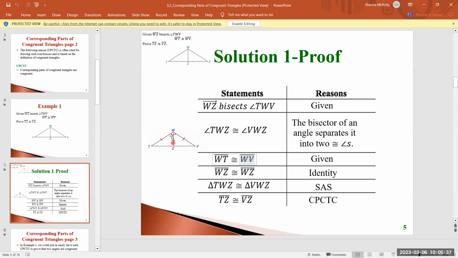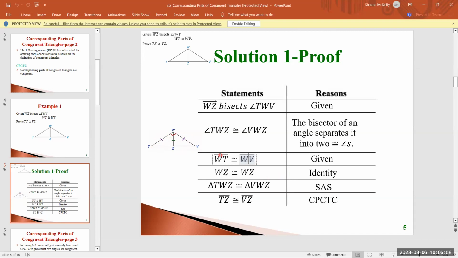So we're going to do WZ, that shared side, that bisector. WZ is congruent to itself by identity. She calls it the identity. You can also call it the reflexive property. Identity is fine too.